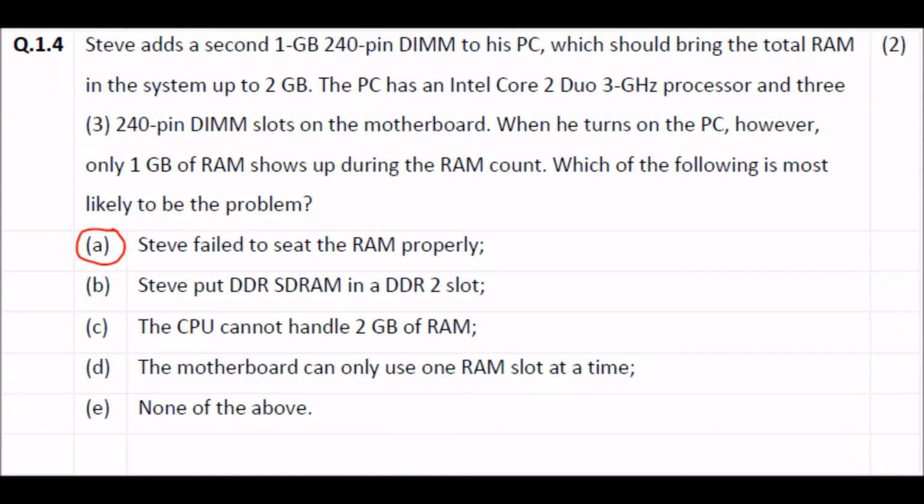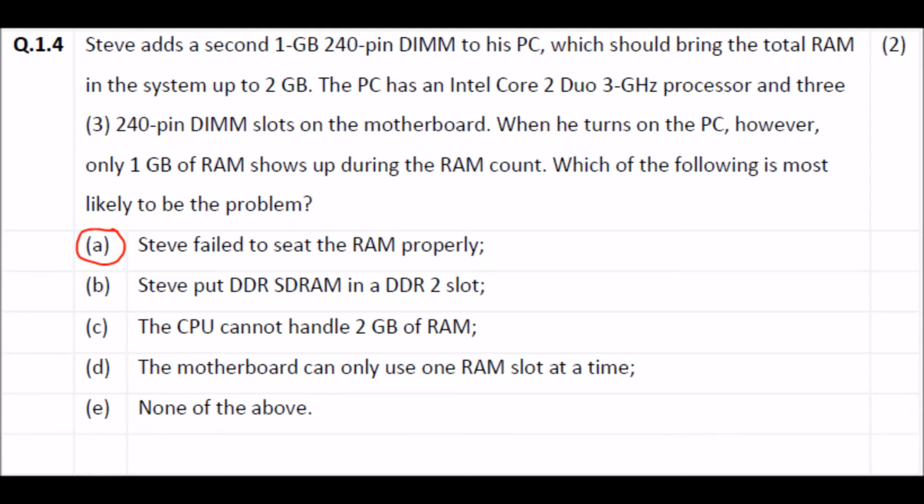And then the motherboard can only handle one slot at a time? That doesn't make much sense. So the appropriate answer for 1.4 is going to be A, which means this individual did not seat the RAM module appropriately on the board itself, because every other answer doesn't make much sense.